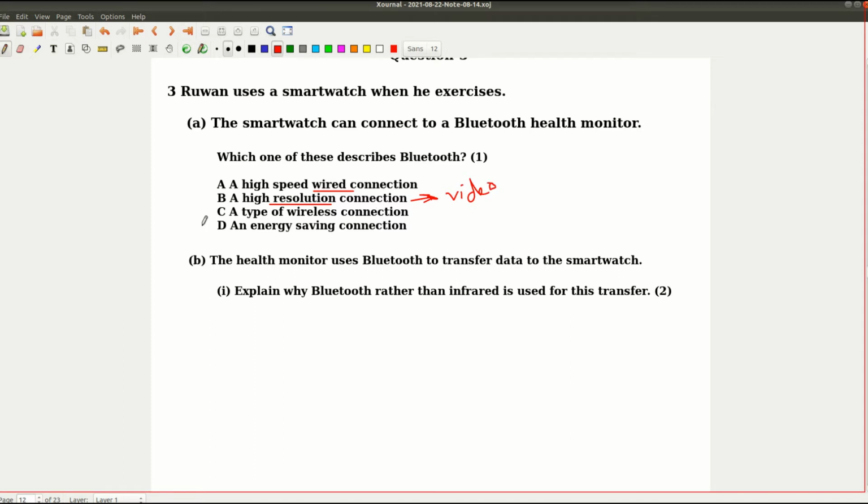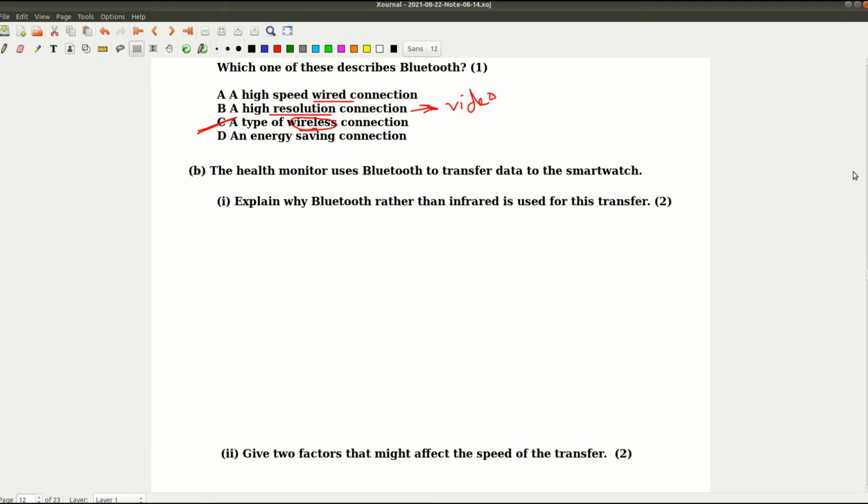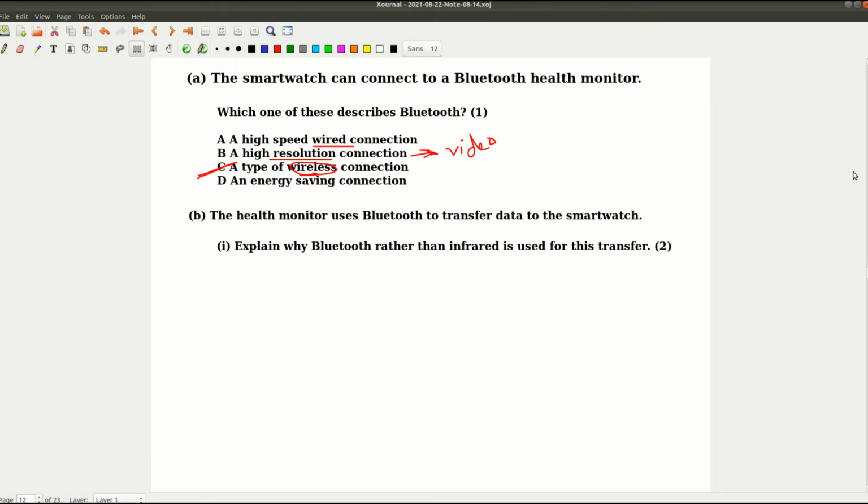The second one is an energy-saving connection. No, when you're using Bluetooth, it doesn't save your energy. It's a type of wireless connection, right? So you put it like this. This is the answer, number C. Okay, so move to question B.